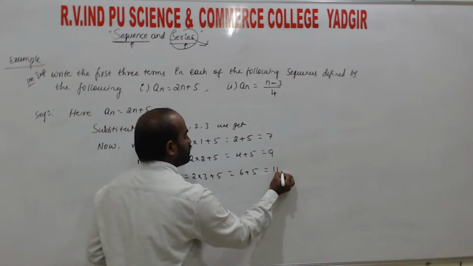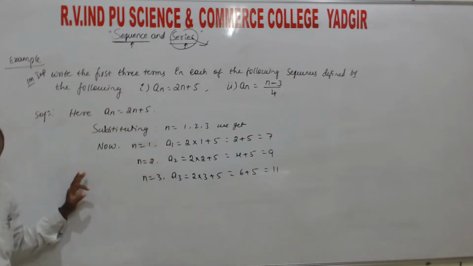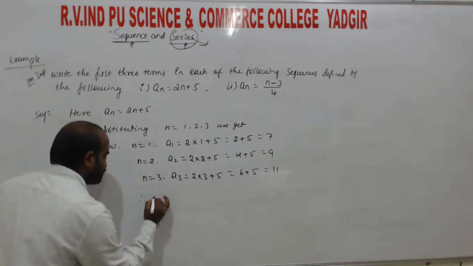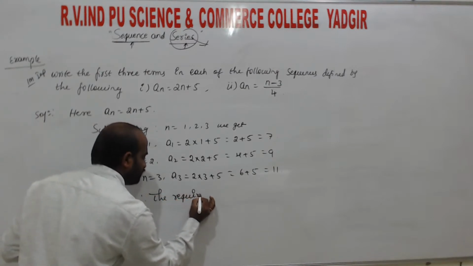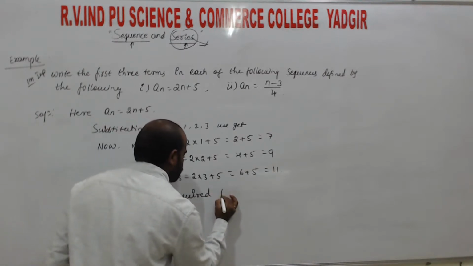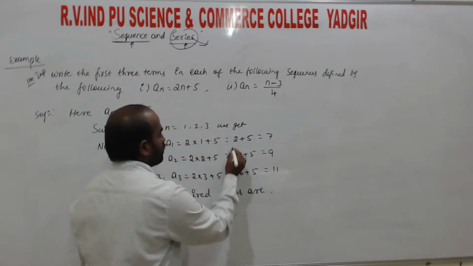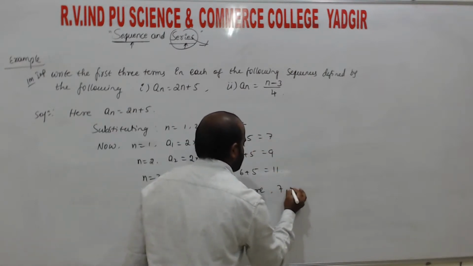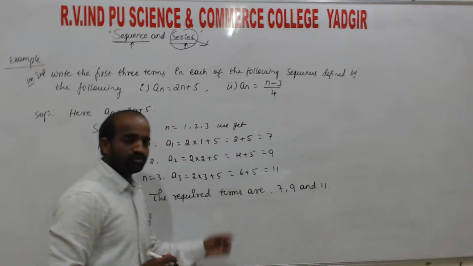These are the first three terms. Therefore, the required terms are 7, 9 and 11. This is the answer in one mark.